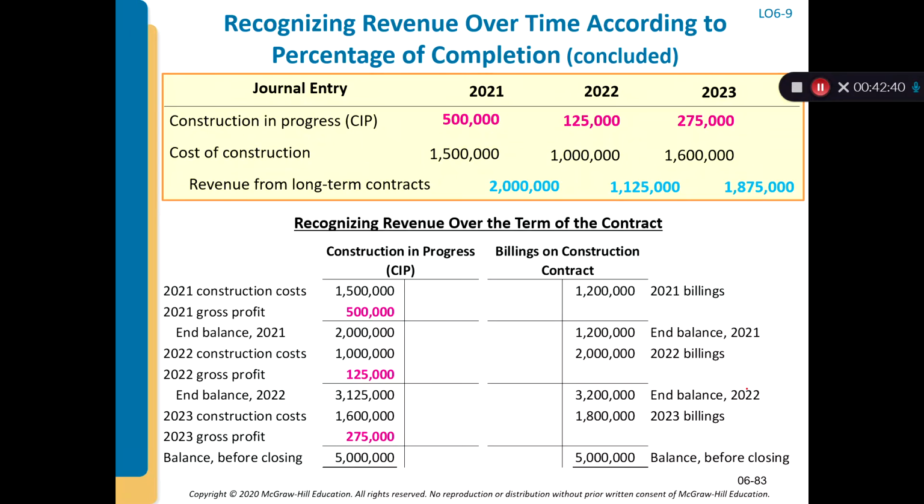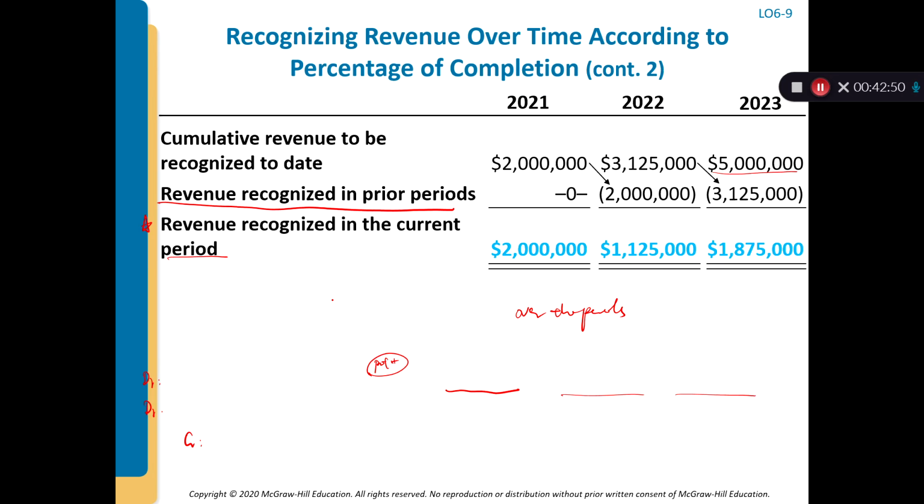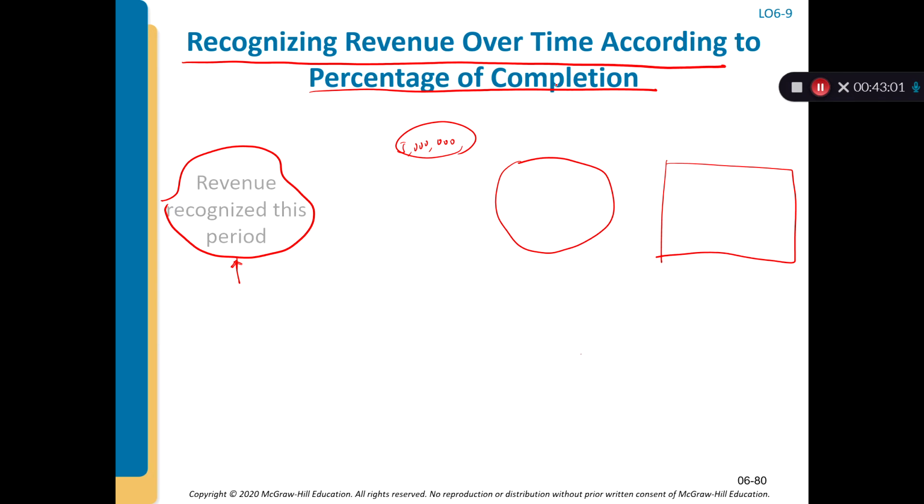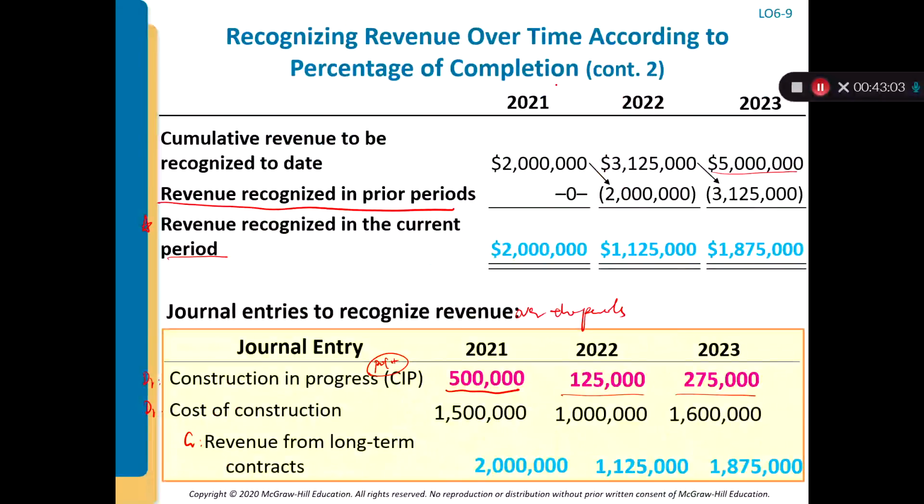And then, as you can see, with the recognition of construction costs, you recognize CIP. Instead of 900,000, remember there was a T account here. Instead of recognizing 900,000 at the end on completion in one journal entry, you recognize it gradually, right?